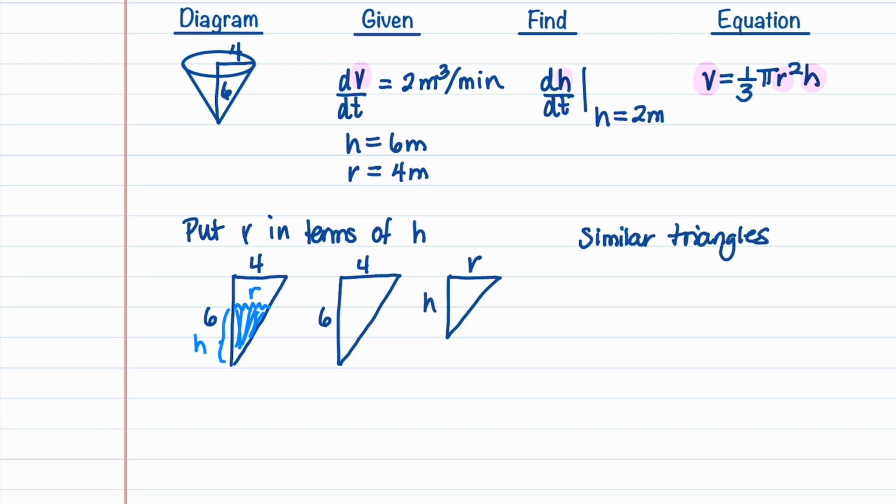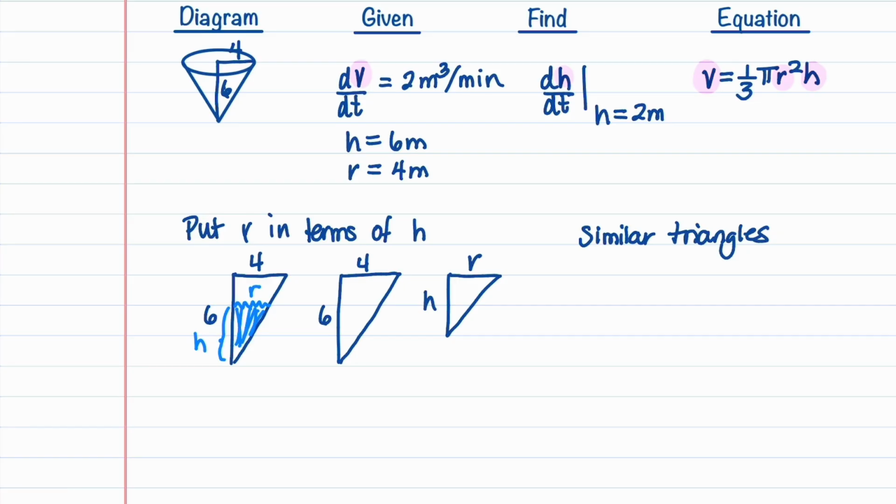Similar triangles tell us that the ratio of the size of the conical tank, 4/6, is equal to the ratio of the radius to the height. We can then solve for r, so we find that r is equal to 4/6 times h, which is 2/3 times h. Let me highlight that because that's what we're going to plug into our formula.